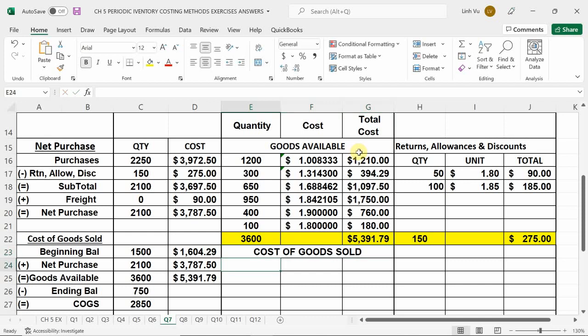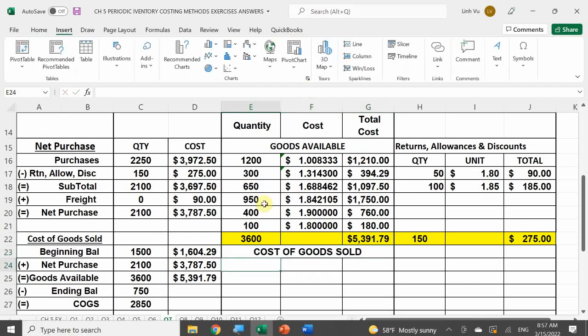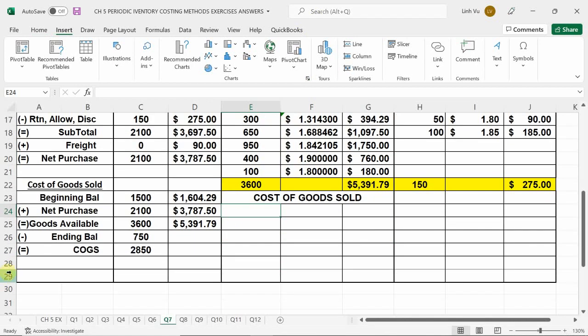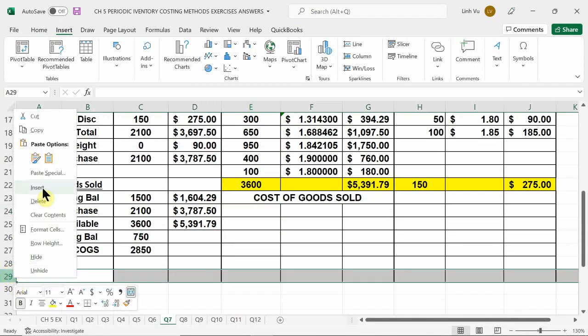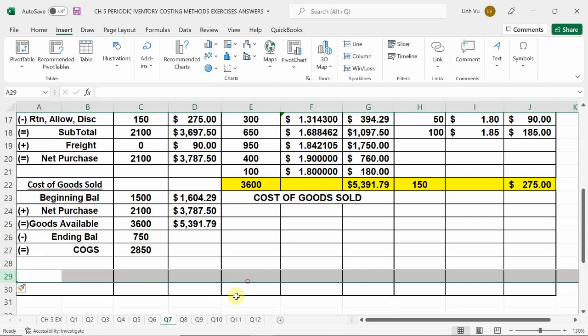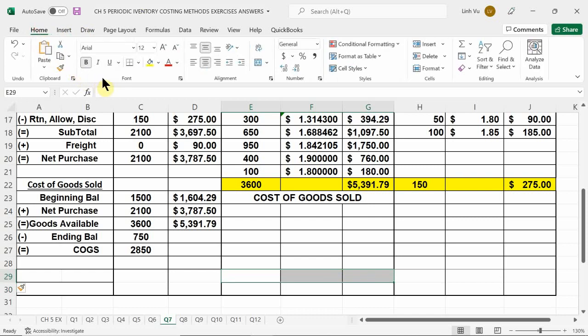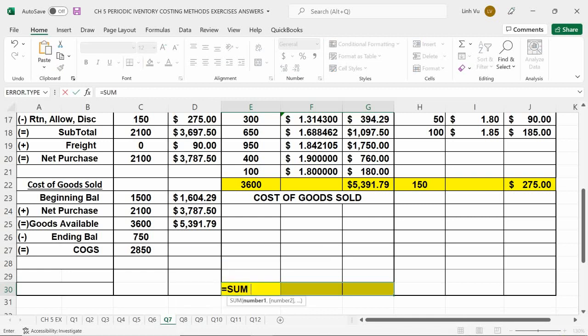Okay, so I'm going to add an extra row here. Create my running balance here.